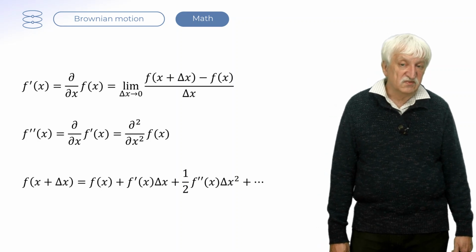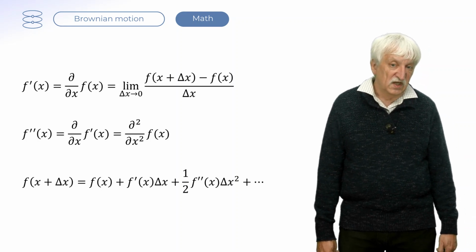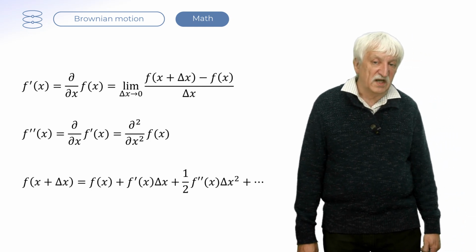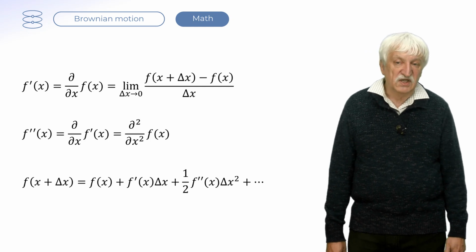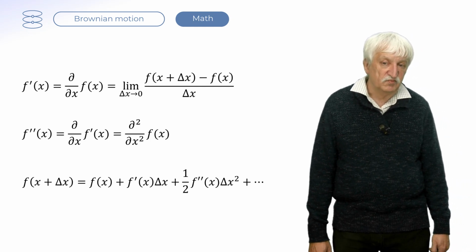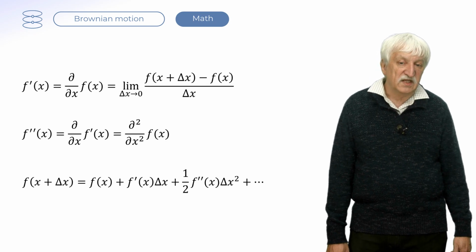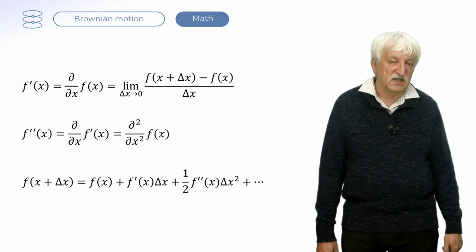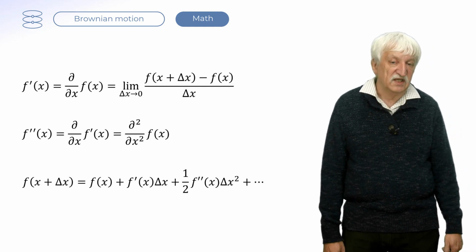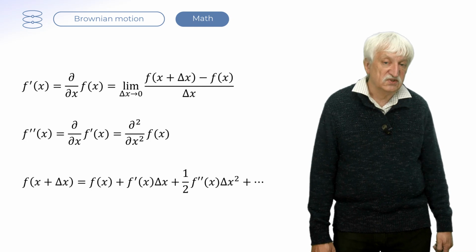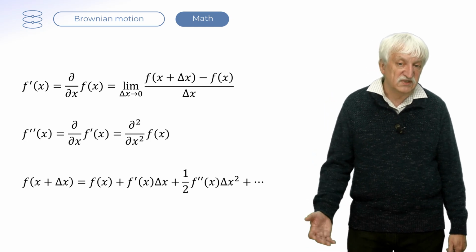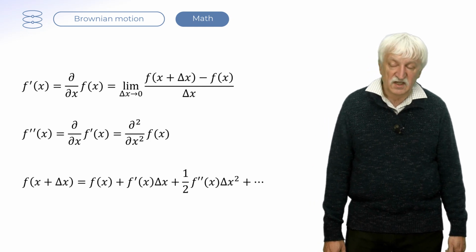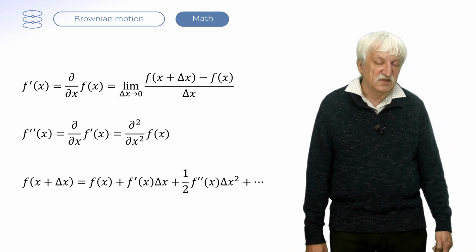In addition, we can define the second derivative, which is the derivative of the first derivative. It's f double prime on this slide. By knowing f prime and f double prime, we may expand our function f of x plus delta x in powers of delta x. The coefficients of this expansion are just the first derivative f prime and the second derivative f double prime. Later, on the next slide, we will use this equation.